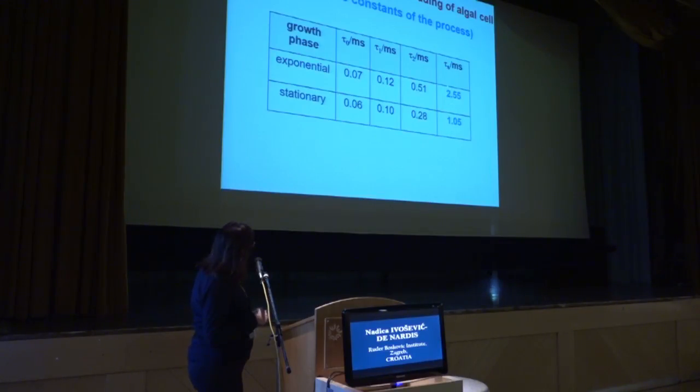So this difference in time constant for adhesion and spreading reflects the surface properties of the cell. We said that the cells in exponential phase are stiffer, more hydrophobic, and have a larger volume, so that is all reflected in the adhesion dynamics.